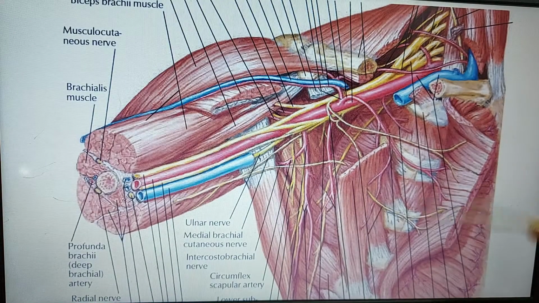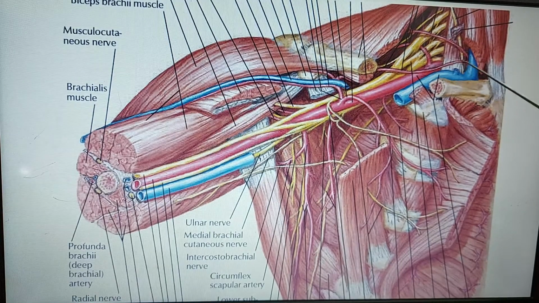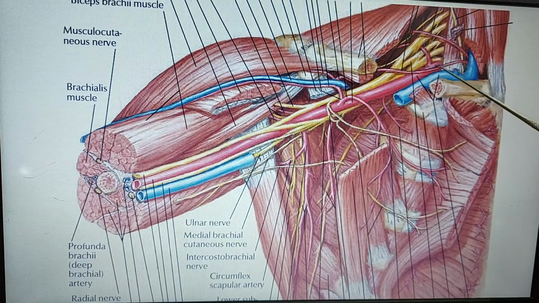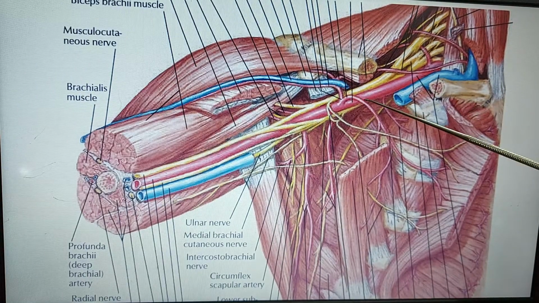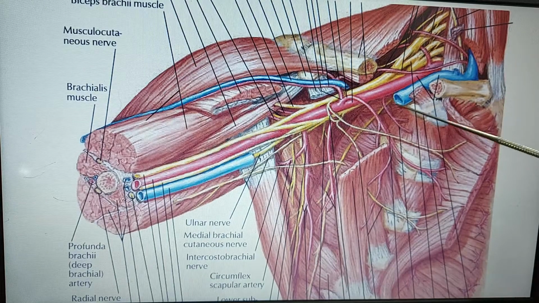Here we see some important structures. There is an artery. We see this artery in the neck. This artery is known as the subclavian artery, as it passes underneath the clavicle. This is the subclavian artery, and this vein will be the subclavian vein.